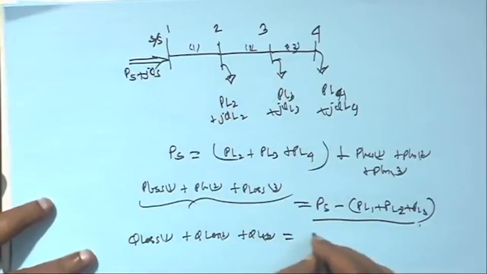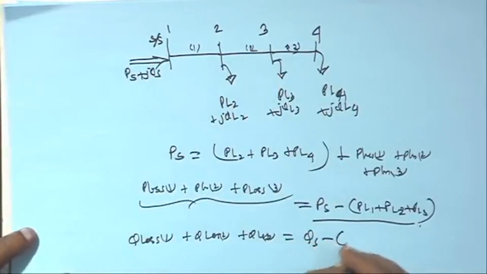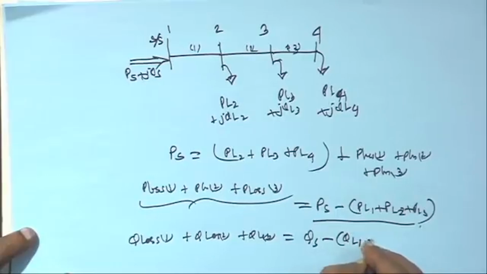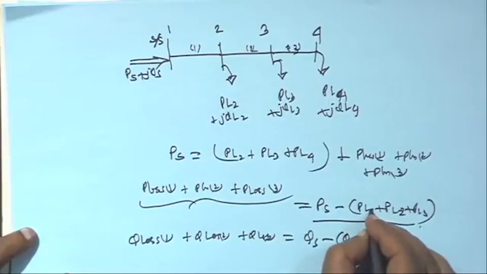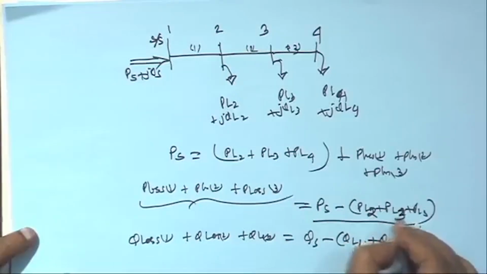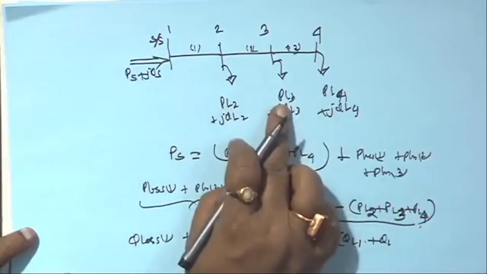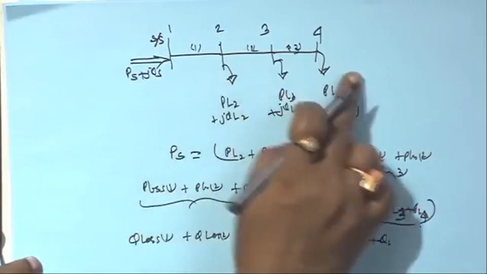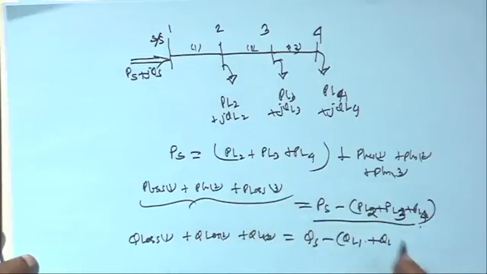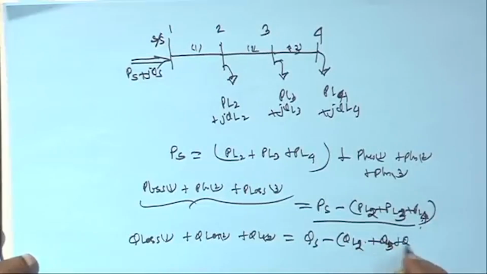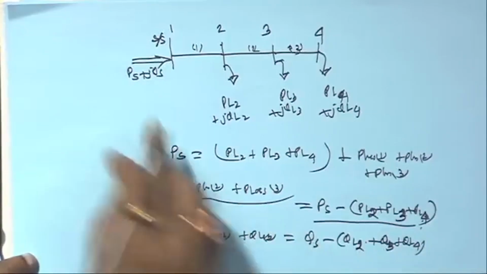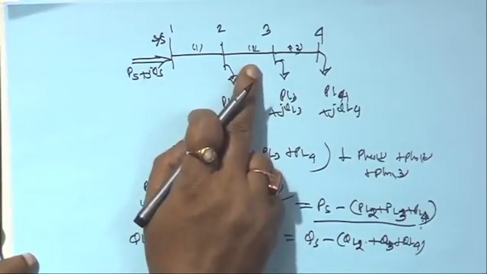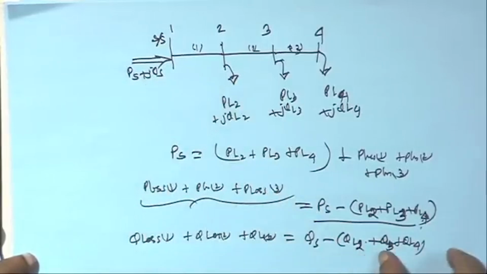So the total Q loss is equal to QS minus QL2 plus QL3 plus QL4, nodes 2, 3, 4. That means whatever the injected power, subtract the load, that will be the total loss. This is understandable, right.